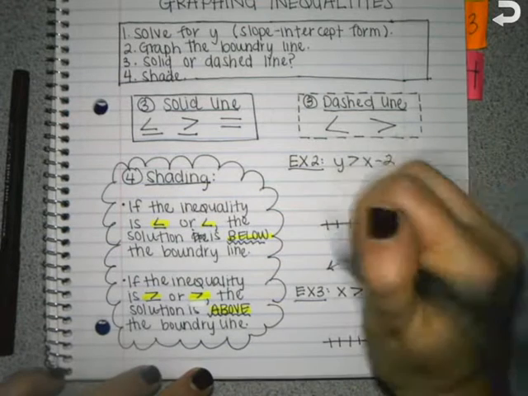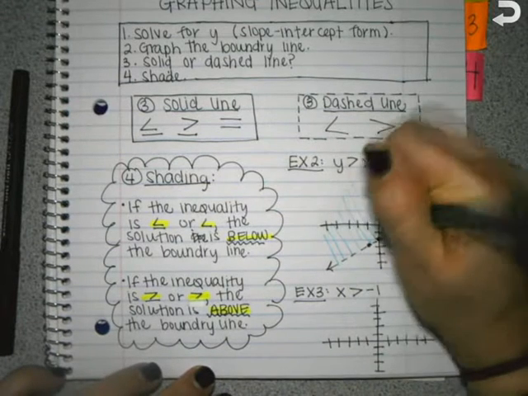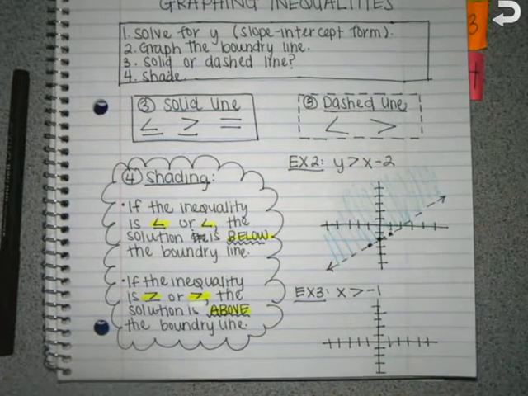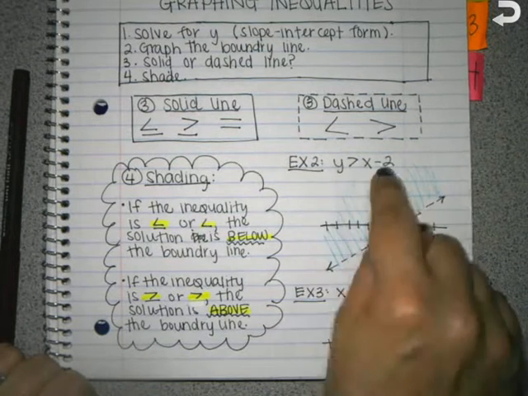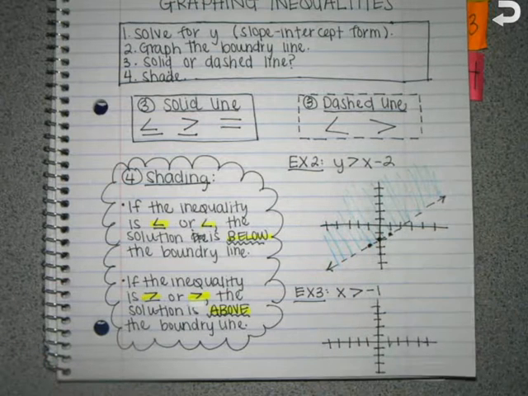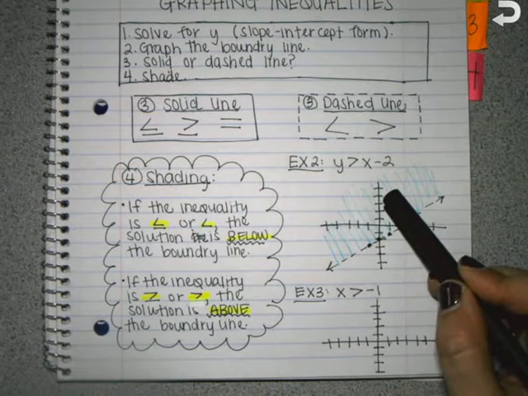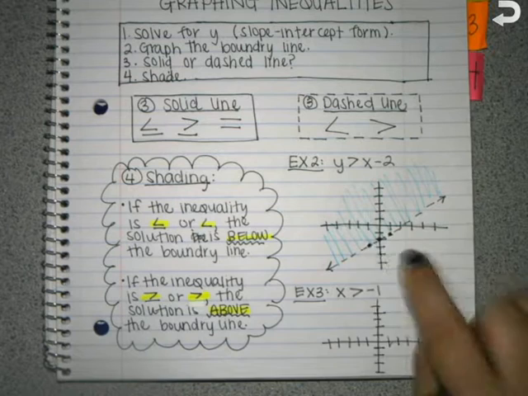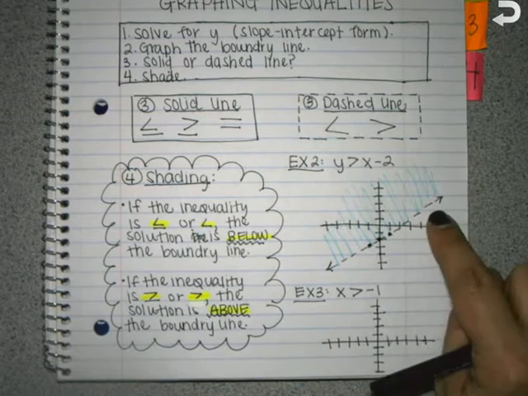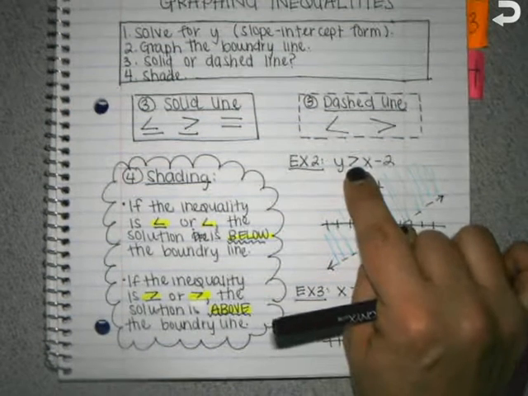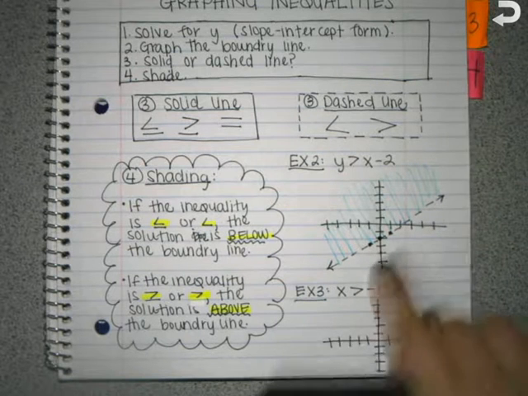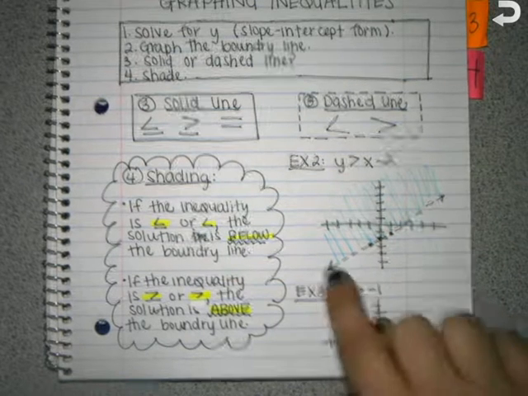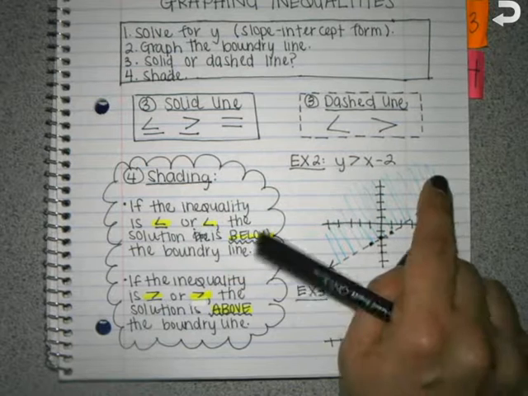So you're going to shade everything above. And that shading means any point in the shaded area would make this a true statement. So if I were to pick any coordinate in the shaded area, as long as it is not on the line, and plug it in, it will give you a true statement. That's what it means. Anything in the not shaded area or on the line will give you a false statement.